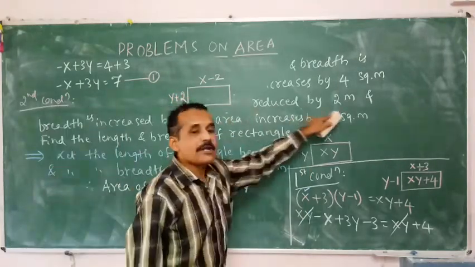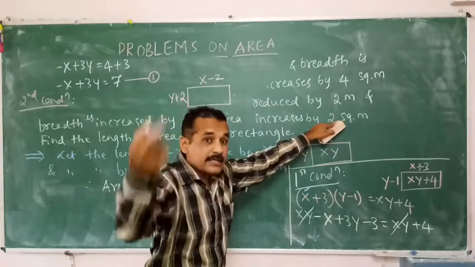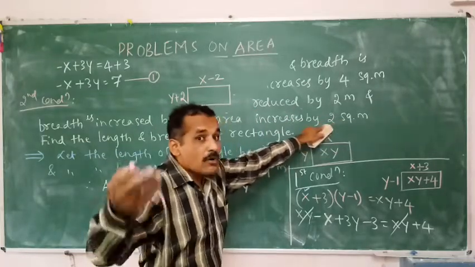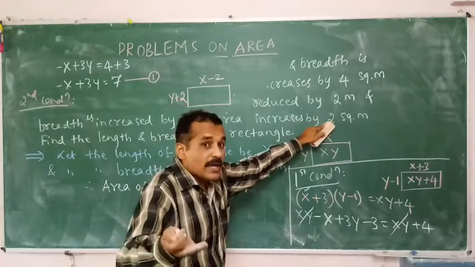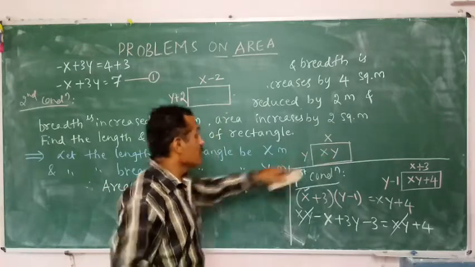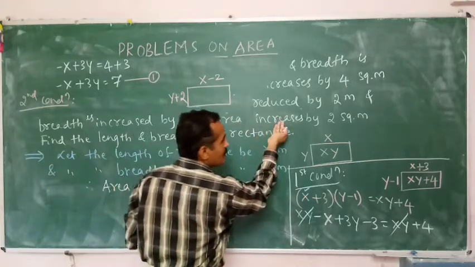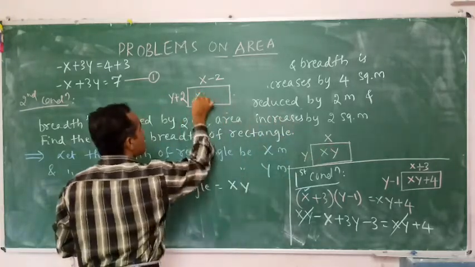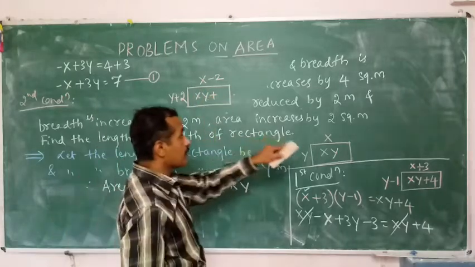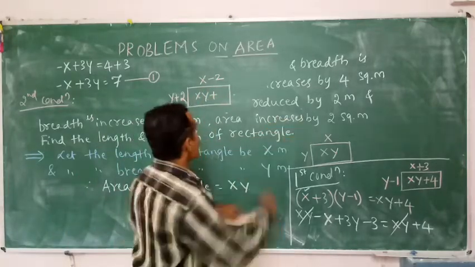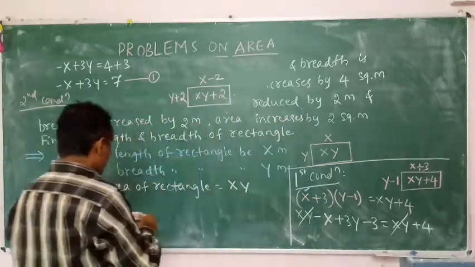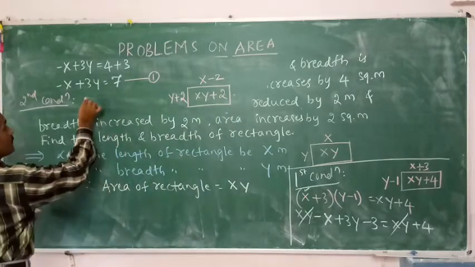Area increases by 2, from the original. If it increases, I should plus. If it is reduced, I should minus. It is xy plus 2. I will form the equation now.